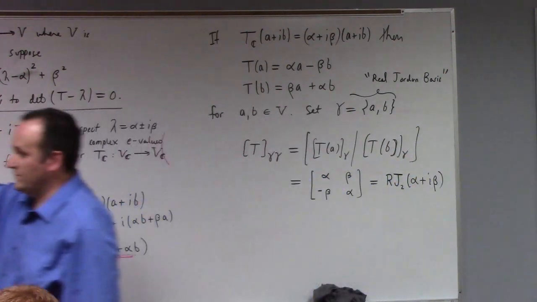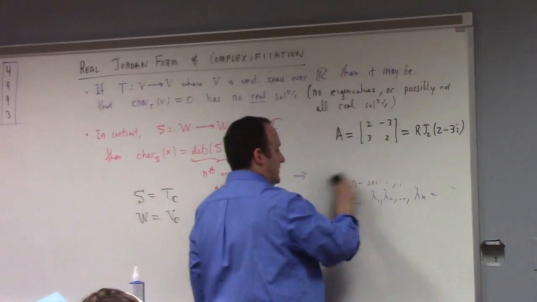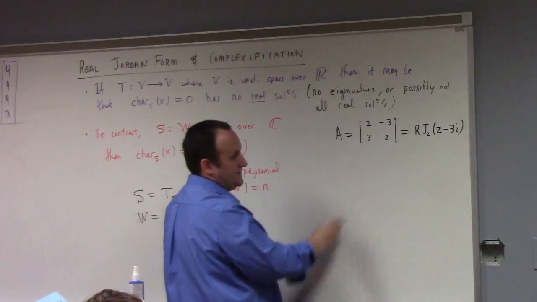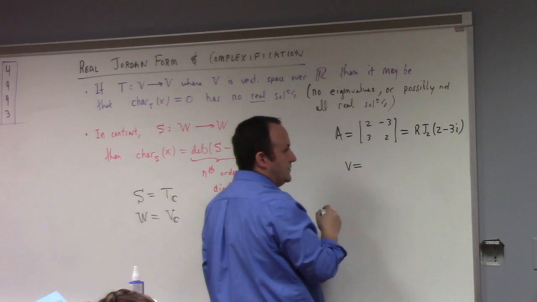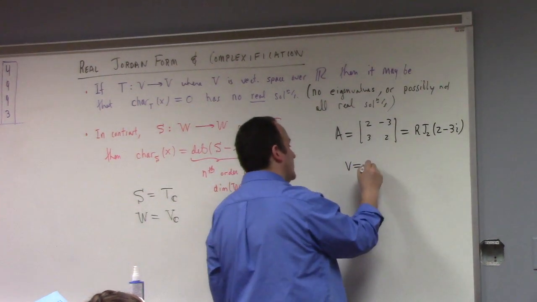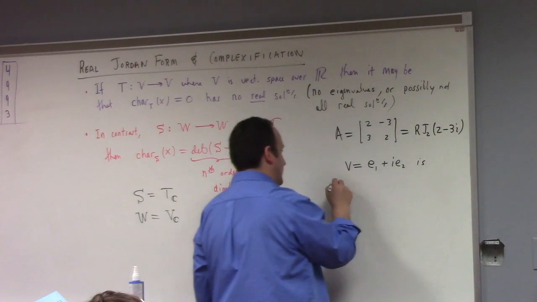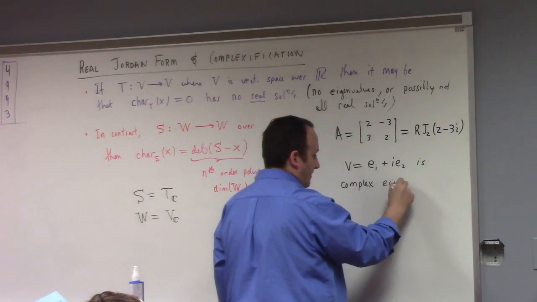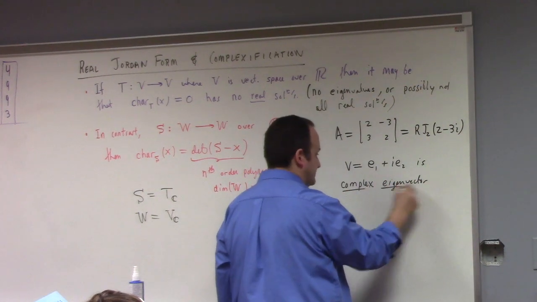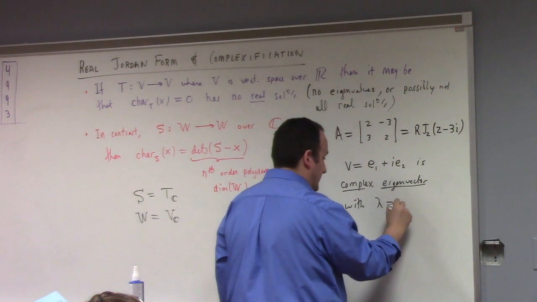So if the matrix is already in real Jordan form, that means that the standard basis is a real Jordan basis. And if you think about this discussion and track back, that means that v equals e1 plus i e2 is a complex eigenvector with lambda equal to 2 minus 3i.